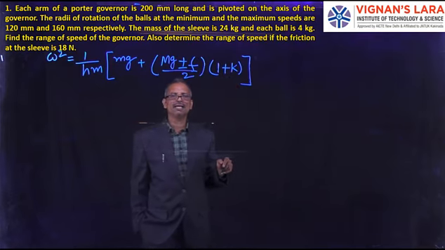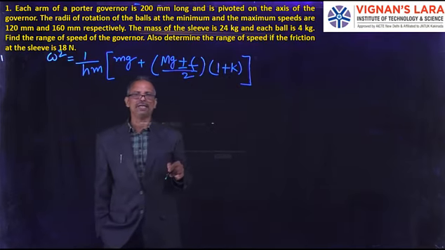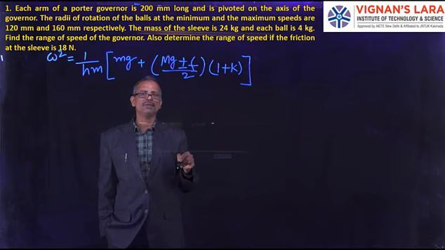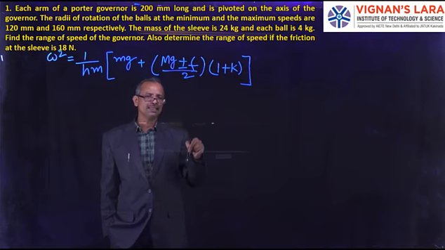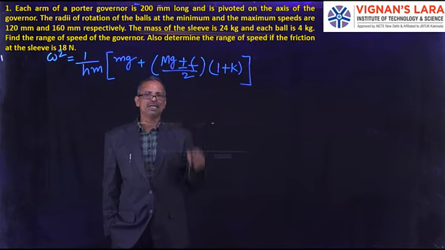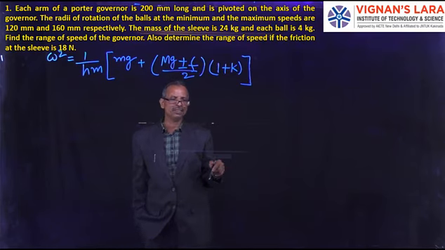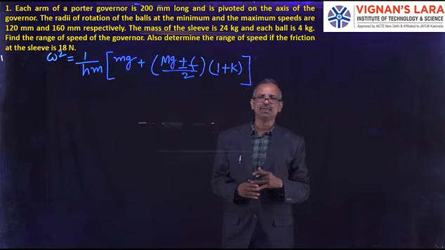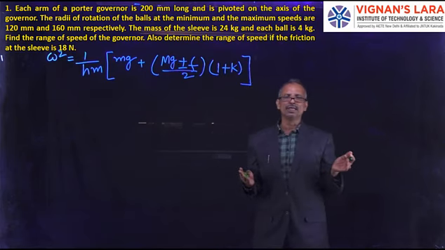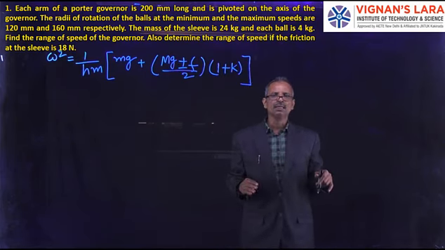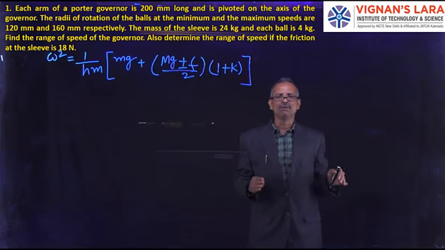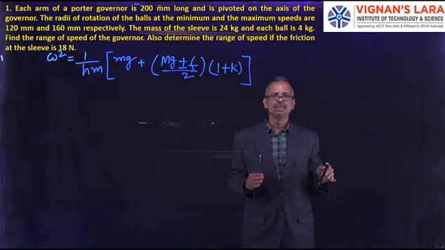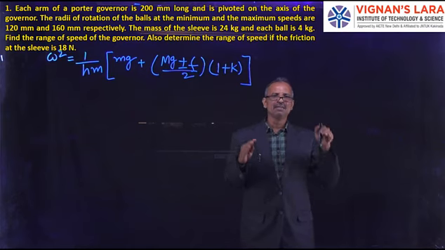So let us say when it is at lower speed. When it is lower speed, in that case the sleeve is moving down. Recall the earlier theory part we have covered. When it is moving lower, at a speed lower, the balls are moving down. When the balls are moving down, isn't it? So the sleeve is moving down.